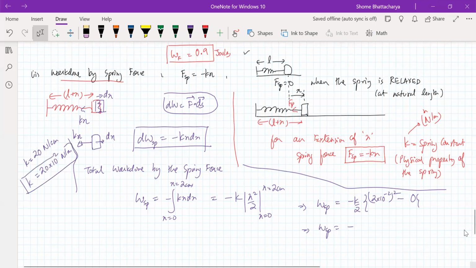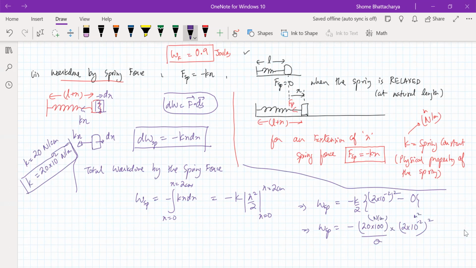This is the SI unit value of k. So this part is in newton per meter, and this is in meters square. So I'm getting the whole thing in joules.